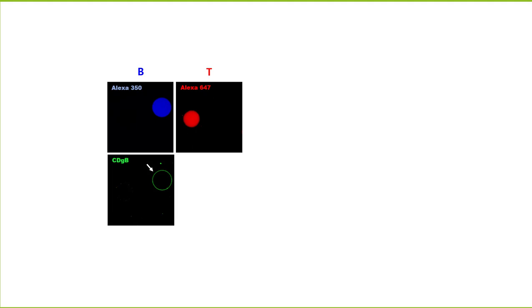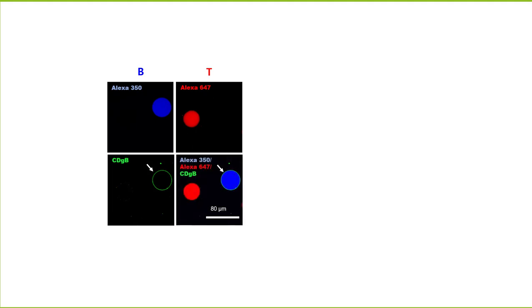So we made giant vesicles, and then filled one with the blue dye, and this one is the B cell model, and then another vesicle filled with the red color, and mixed them together, and then here we added CD green B. Then it shows, even though they exist together, this CD green B binds only to the B cell model, not to T cells.